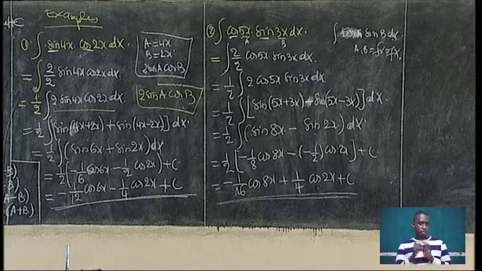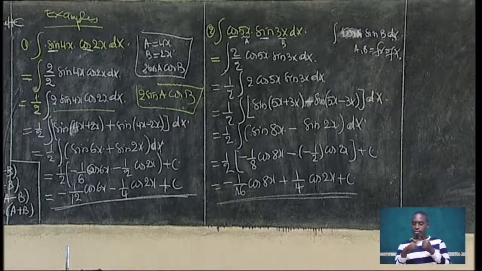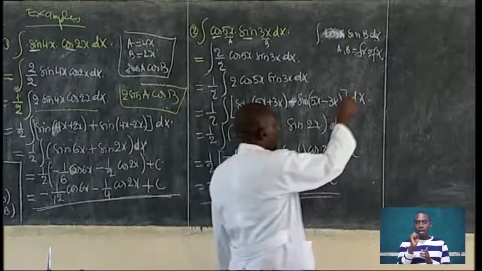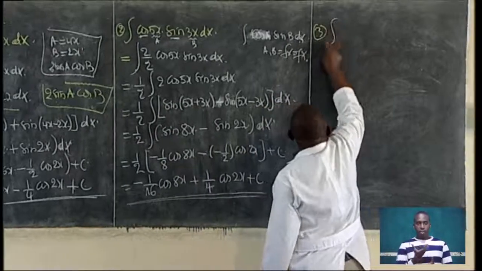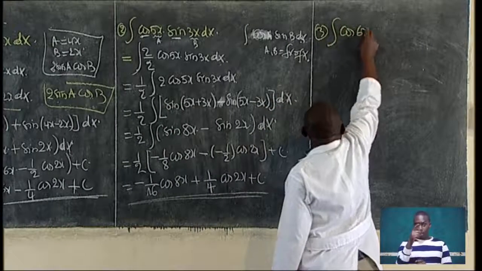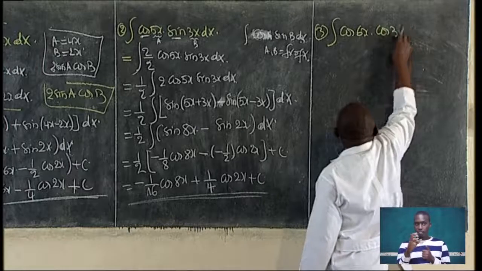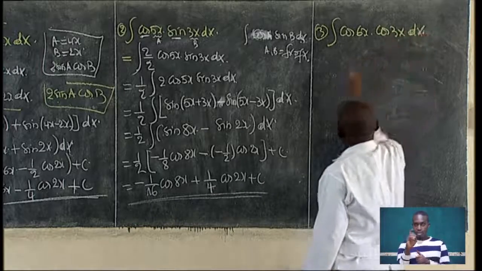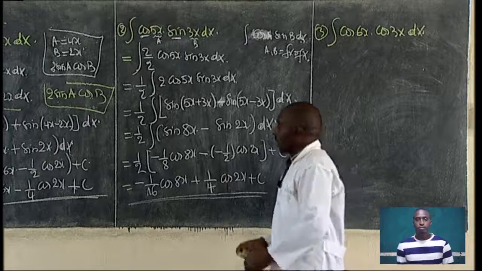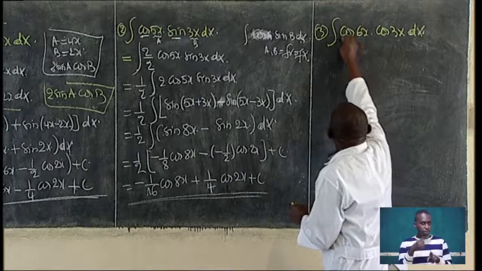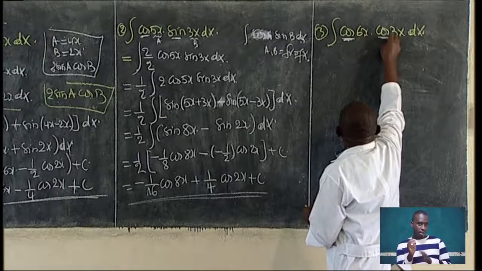Integral of cosine 6x times cosine of 3x dx. As you see, we have a cosine and also a cosine.